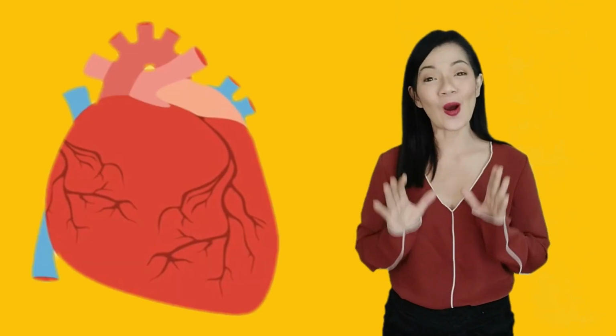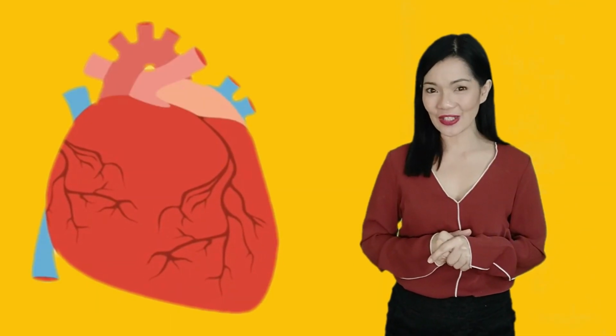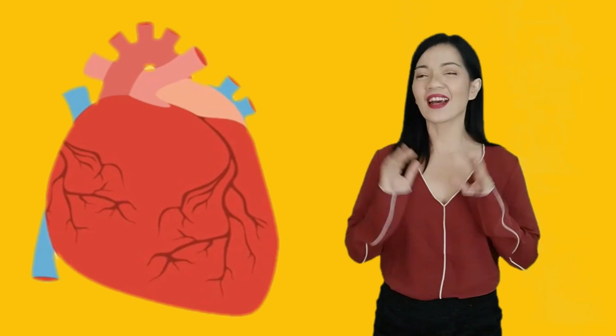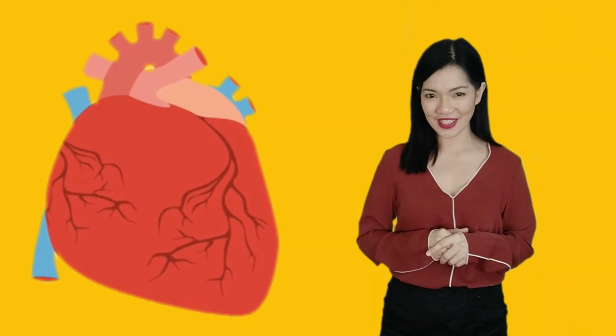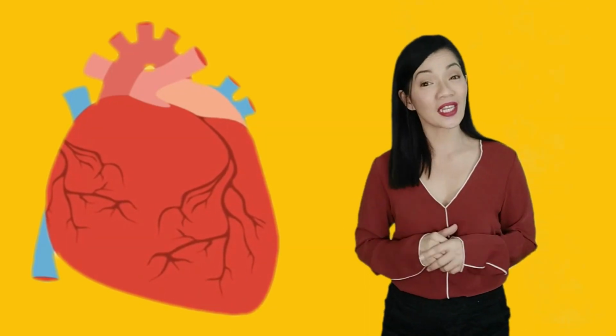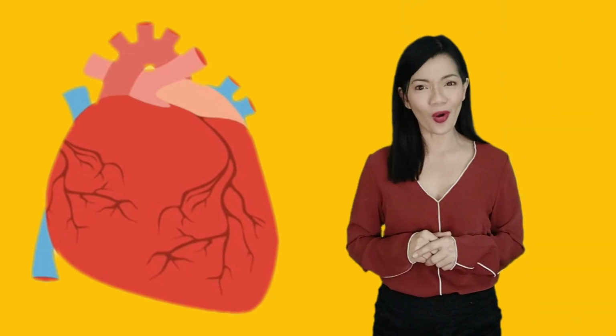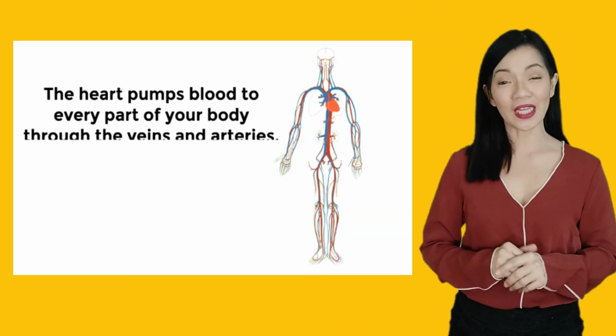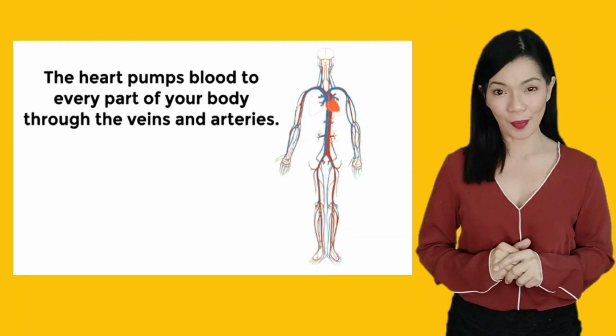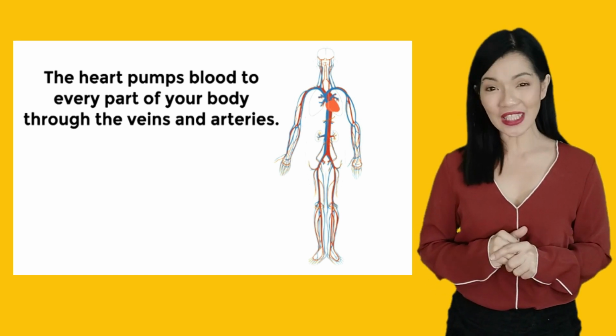This is all made possible because the heart is a muscular organ, meaning it has lots of muscles. Those muscles are what enables it to pump blood through our body. Isn't that cool? It's such a strong organ. The heart pumps blood to every part of our body through veins and arteries.